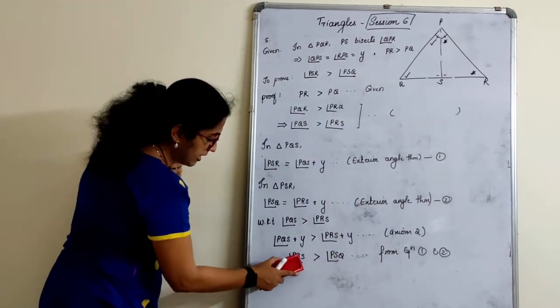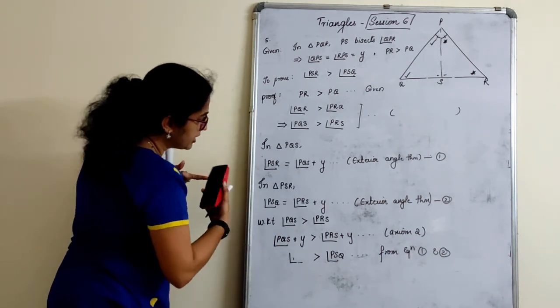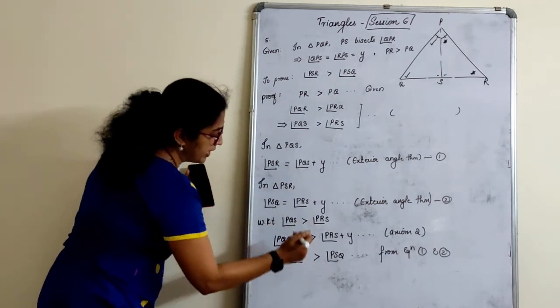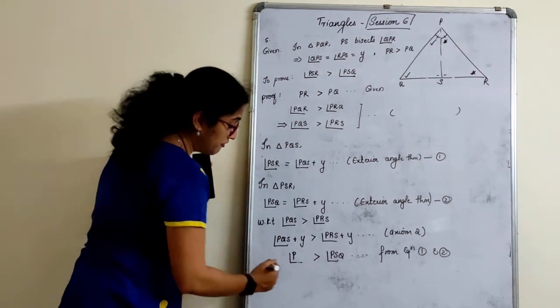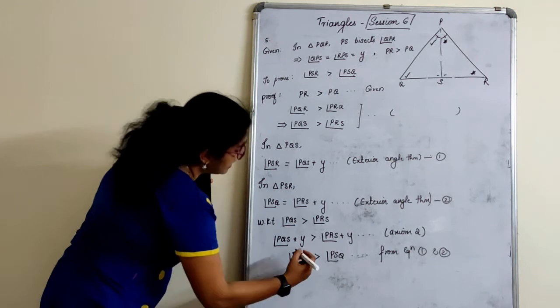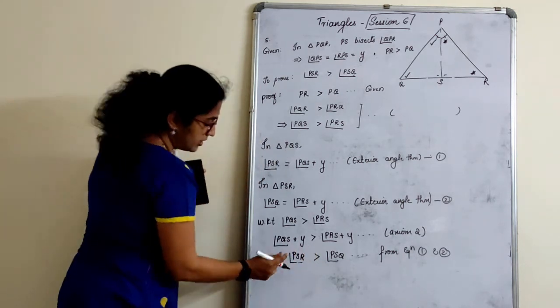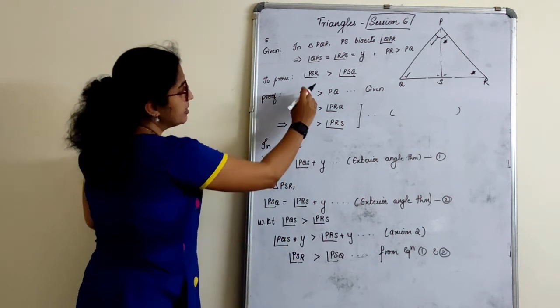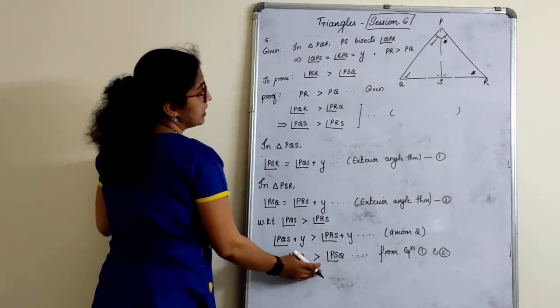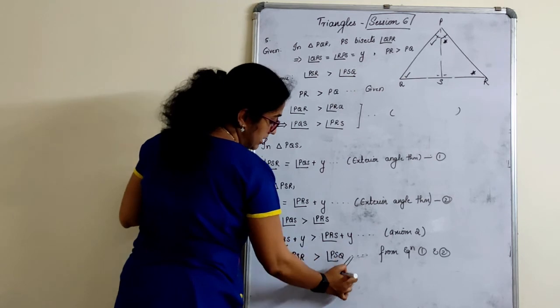It is PSR, not PRS. PQS plus Y is PSR, that is what I have written. That is what we proved: angle PSR is greater than angle PSQ.